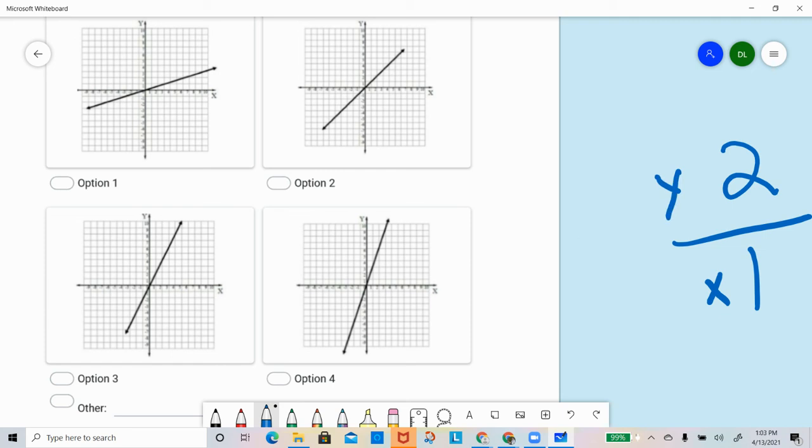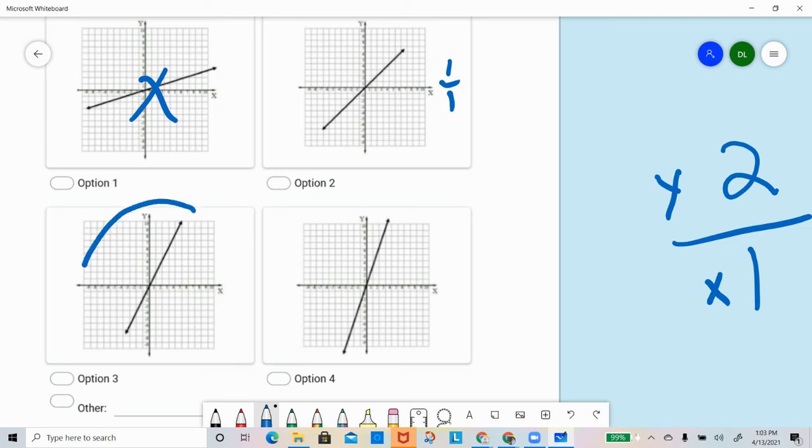So let's take a look at this very first graph. Okay, so here's a change from 0 to 1. Does that go up to 2? No, it doesn't. Here, we have a change of 1 for a change of 1. This one, here's a change of 1 that goes to 2, 2 that goes to 4, 3 that goes to 6.